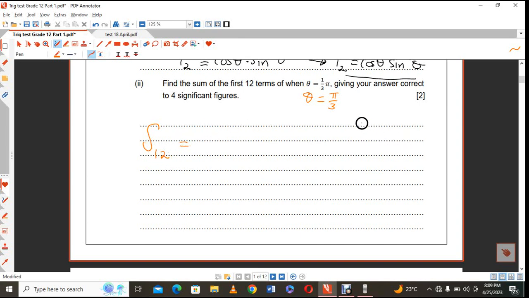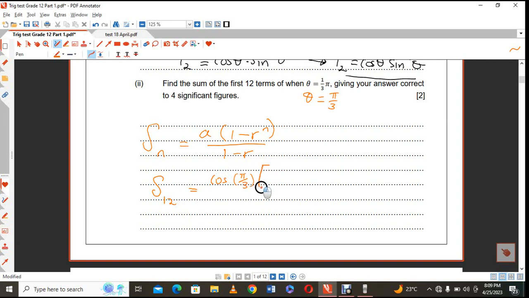Remember the S sub n formula, when you are using it, I'll write it down, though you're not going to get a mark for that. S sub n for a geometric progression is A times 1 minus r raised to the power of n, all over 1 minus r. So S sub 12, our A from before is cos theta, but theta is now pi upon 3.